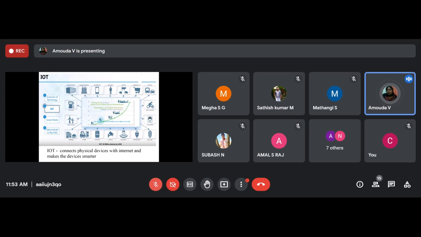And IoT. Can anyone say what is IoT? Internet of Things. Do you have anything now, any communication, any transportation, anything online, anything without internet? Registration, education, anything?